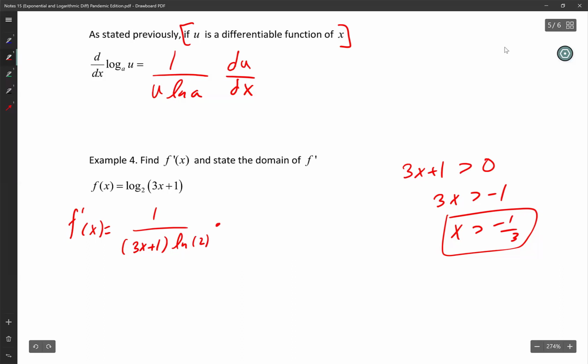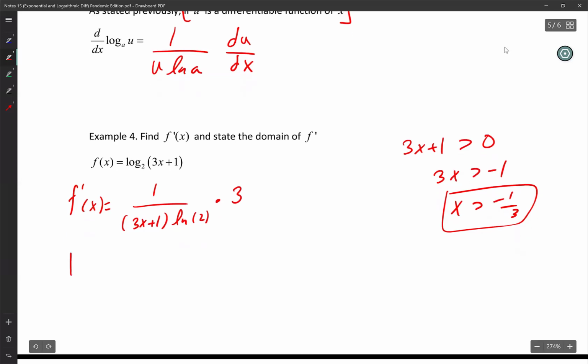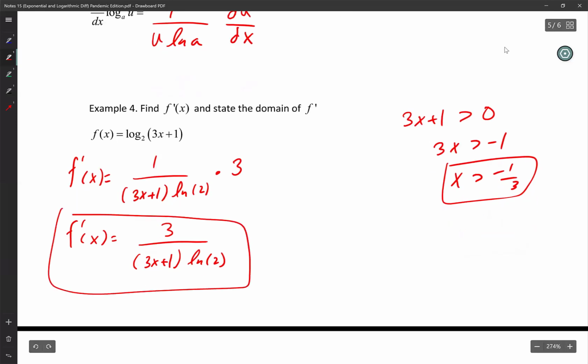Am I done? Times the derivative of the inside, 3. So my final derivative for this one is 3 over (3x plus 1) ln of 2. You don't need that parenthesis on the 2, but you can. And there's my domain.